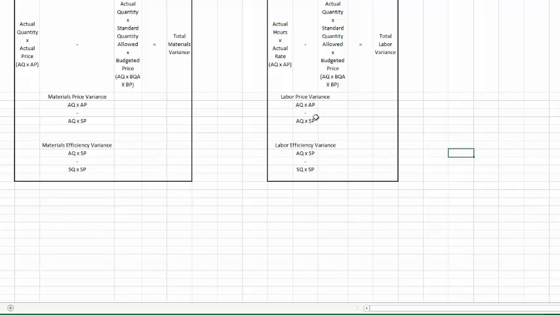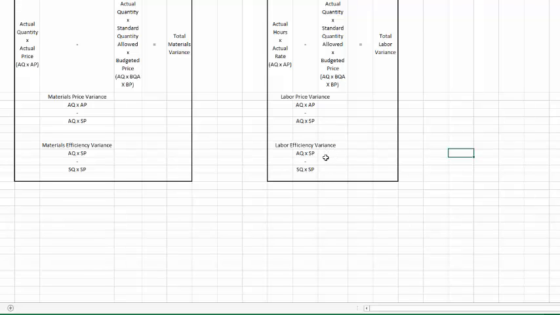So you can notice here the only change in line 1 versus line 2 is the price. That's how we're able to break out just the dollar amount of this total labor variance into just the part that reflects the variance due to a pricing or cost difference.